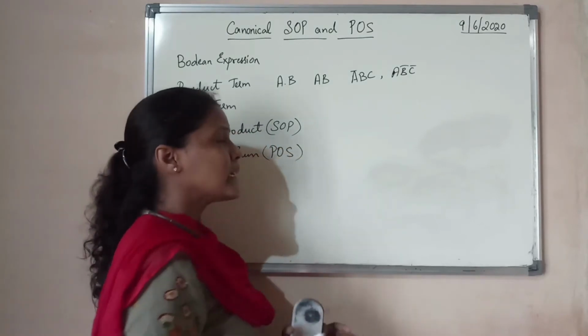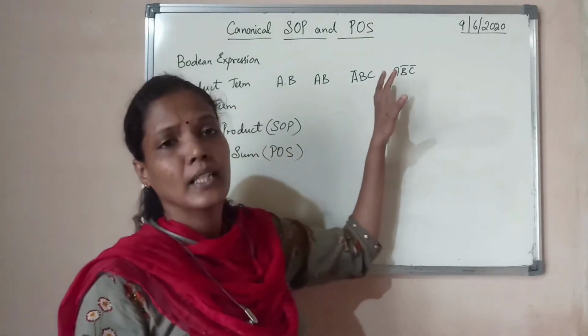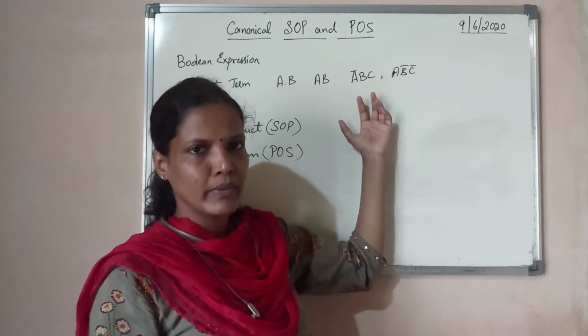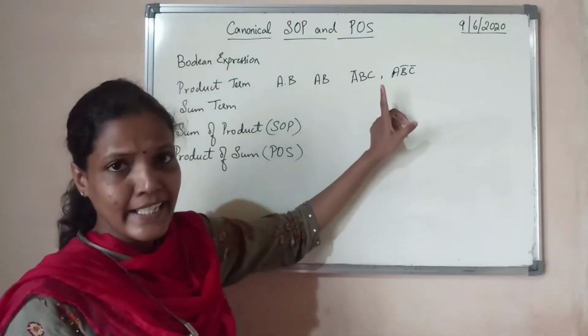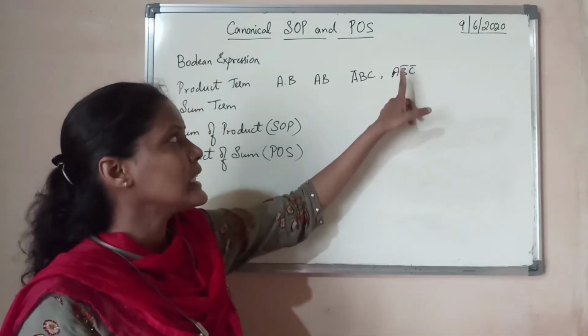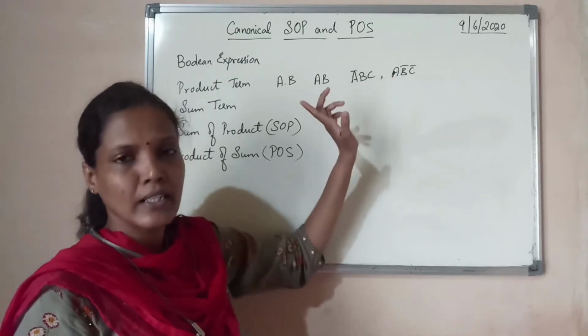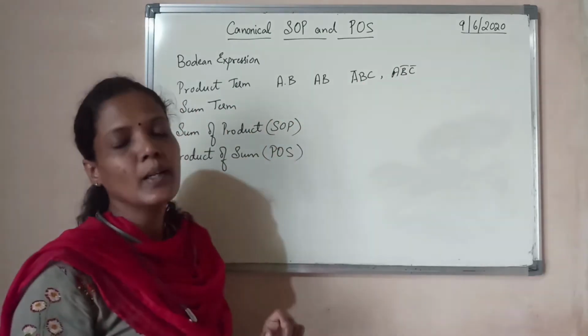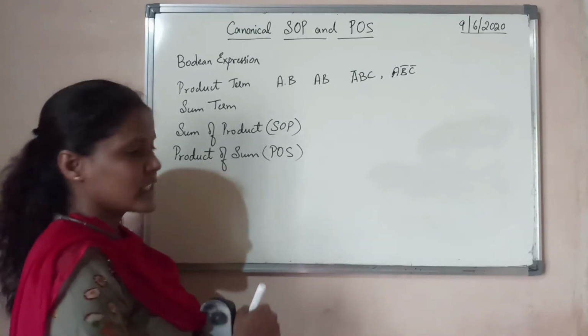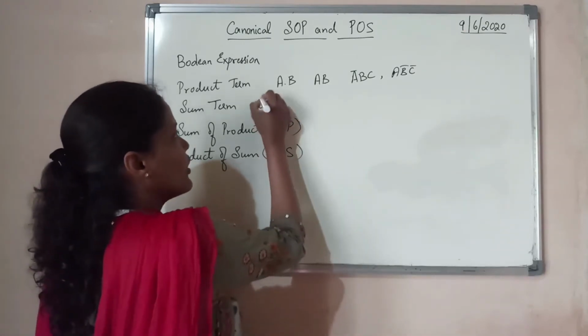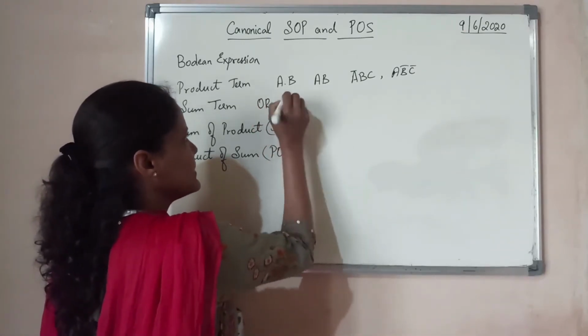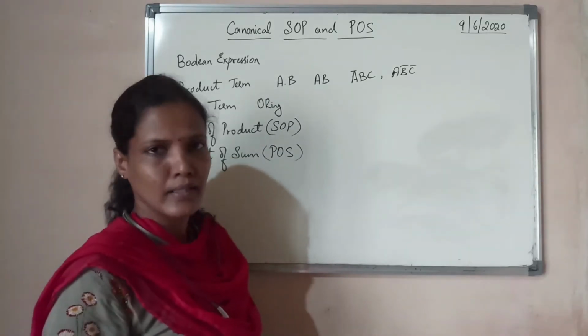So the variables have to be in the complemented or the uncomplemented form. The logical ANDing of the variables, either in the complemented form or uncomplemented form, is called the product term. When coming to the sum term, logical ORing of the variables is called the sum term.